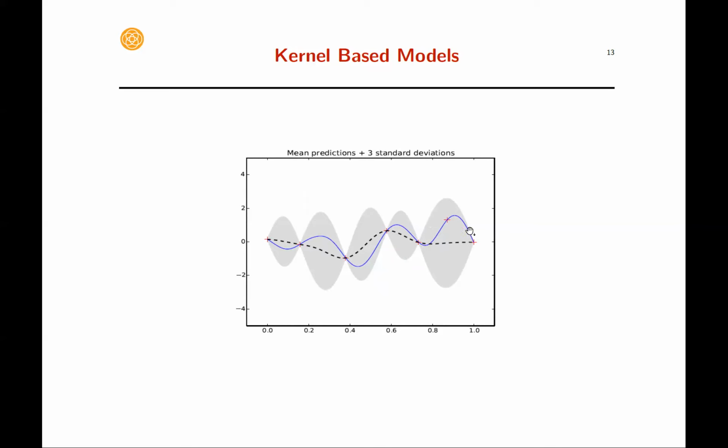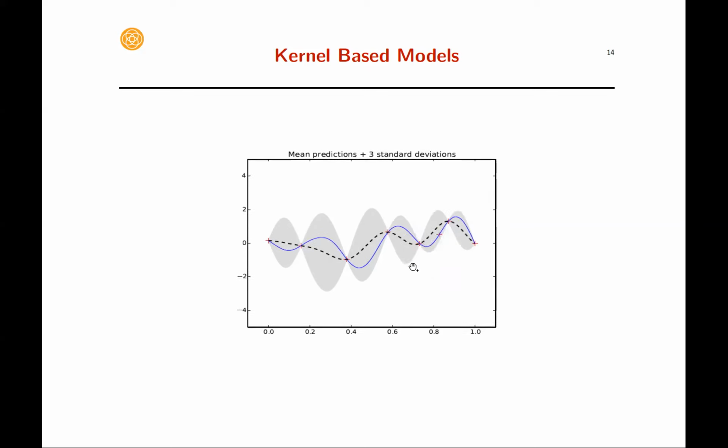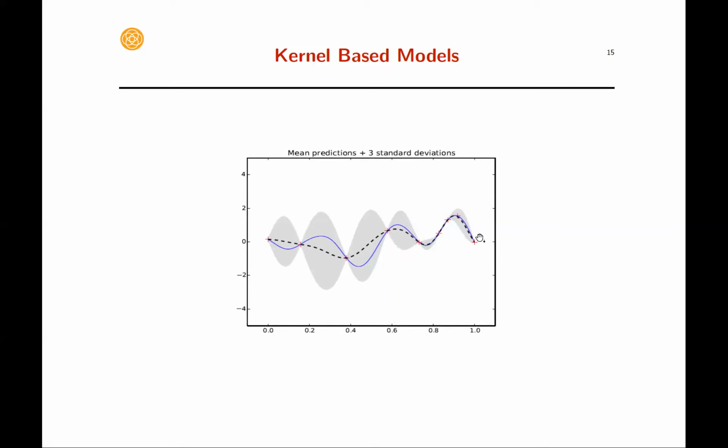We can use them, provided a set of data points, these red cross points, and a given kernel, to provide prediction and uncertainty regions for a regression problem. So basically this provides upper and lower confidence bounds for the true underlying function.